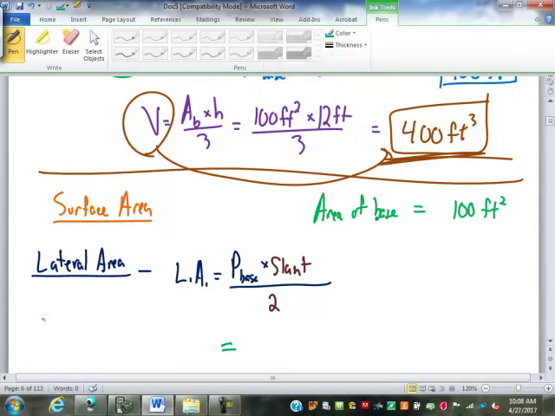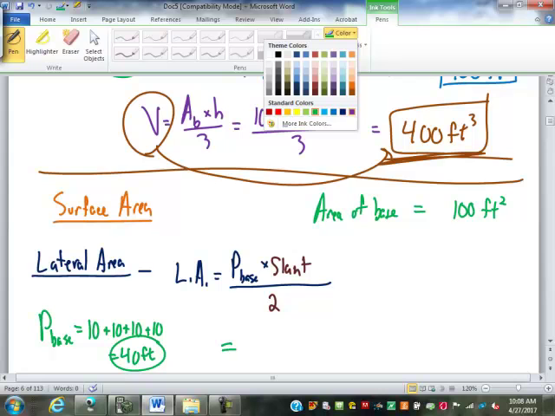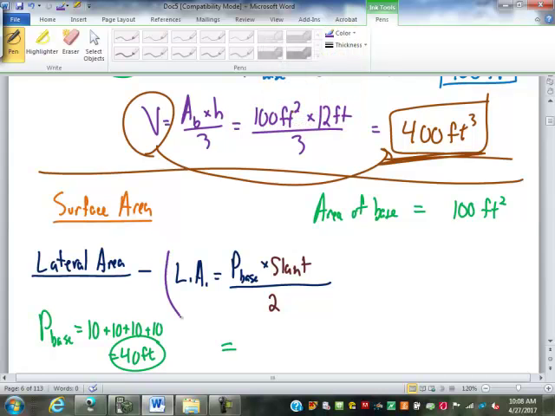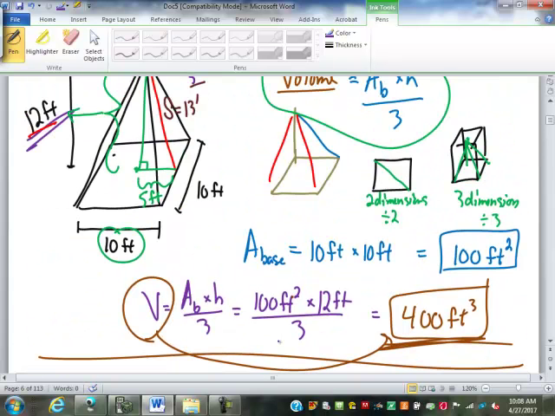The perimeter of the base here is 10 plus 10 plus 10 plus 10, or 40 feet. Right? So the lateral area here is the perimeter of the base, the 40 feet. Just to clarify, this is a square that's 10, 10, 10, 10.